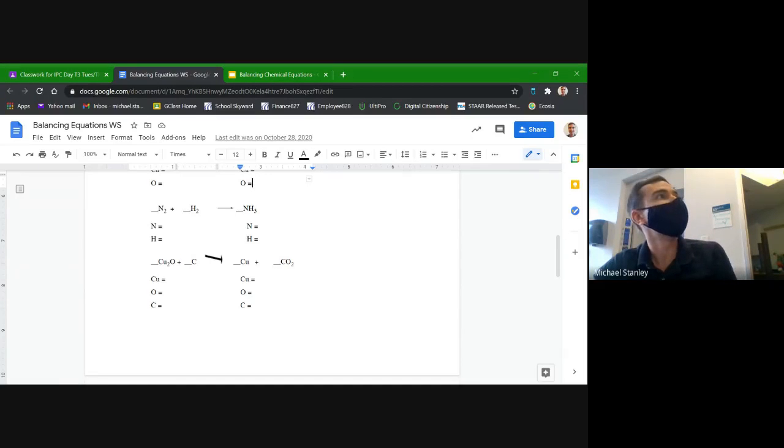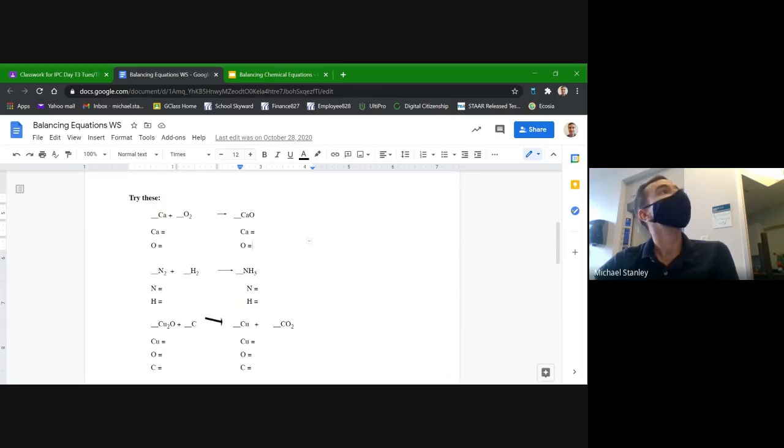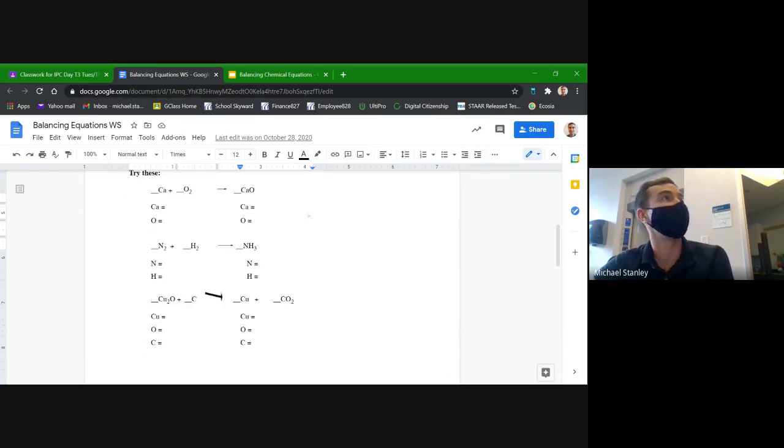There we go. So all you need to do is go back in and fill out what are the coefficients and what were our final numbers for each type of atom. You can either go back and work through them on your own, or go back and watch me go through them and kind of fill it out as you go along.